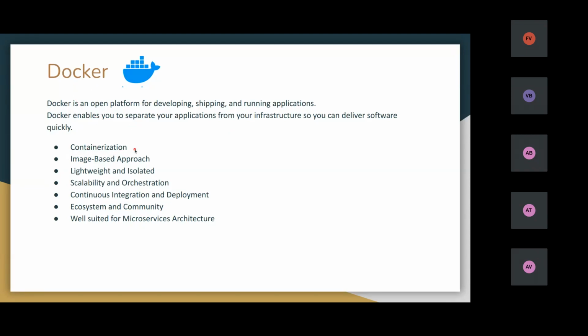For example, if we have an Apache web server, okay, we can run the web server in two ways. Either we can run it directly on our virtual machine, or we can run it through Docker.